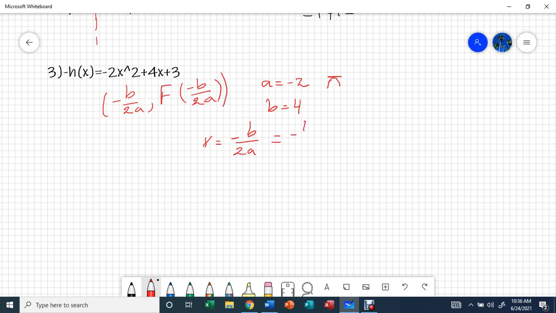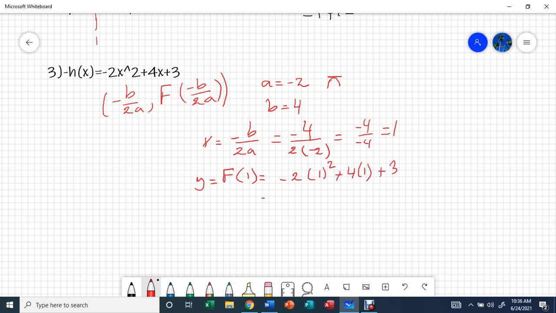Which is negative 4 over 2 times negative 2. So I get negative 4 over negative 4, which is positive 1. It's a nice number here. Now let's find the y-coordinate for the vertex. So plug 1 into your function. f of 1 is negative 2 times 1 squared plus 4 times 1, plus 3.